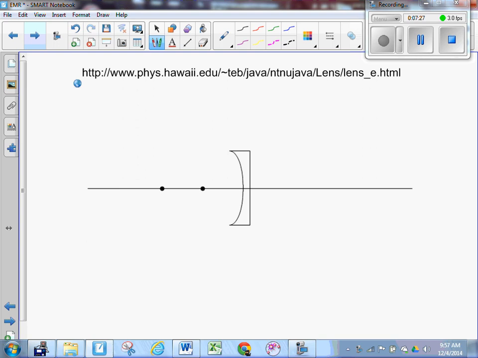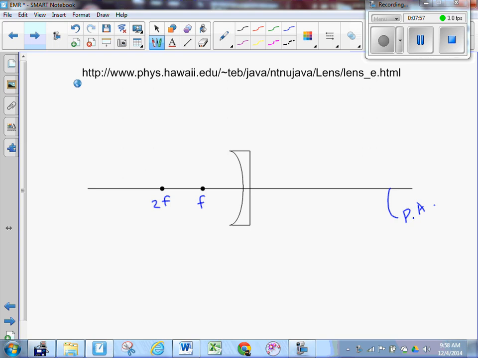Once again, we've got some things to label here. The first thing that we're going to label is the principal axis, just the same as it was for lenses. This point right here will be called the focal point. This point right here will be twice the focal point, just like it was with lenses, except that for mirrors, it has a little bit more significance, more than just a spacer.